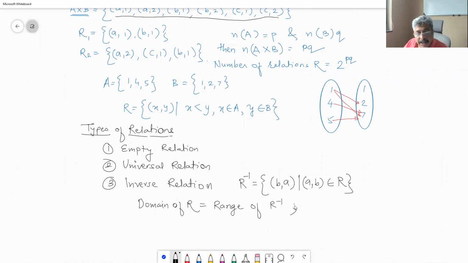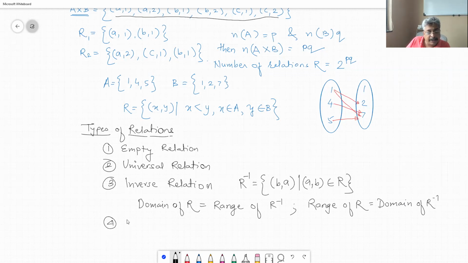And range of R is equal to domain of R inverse. This will happen in an inverse relation.